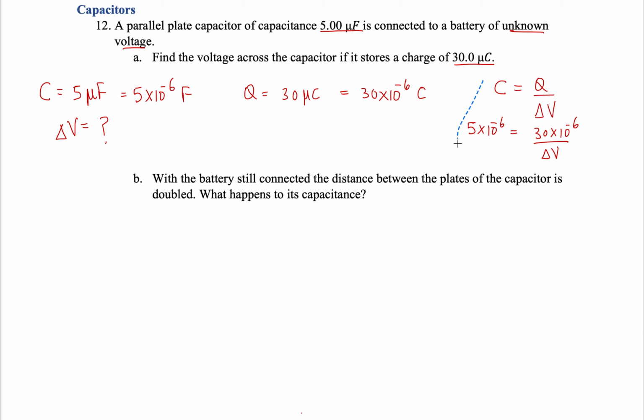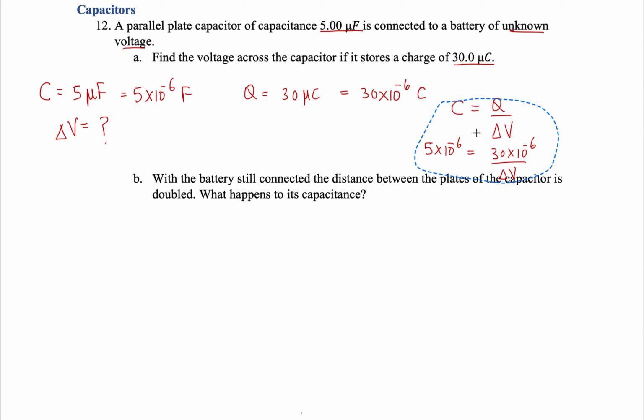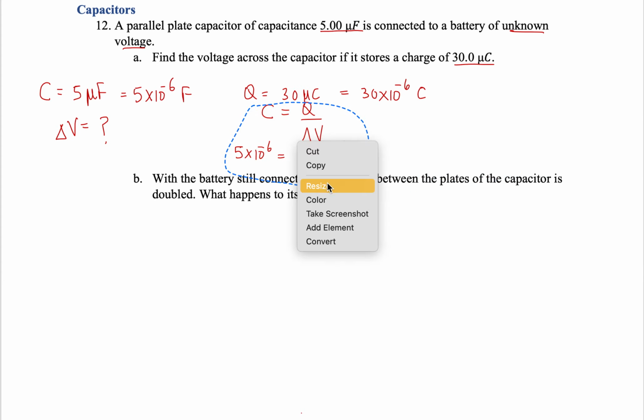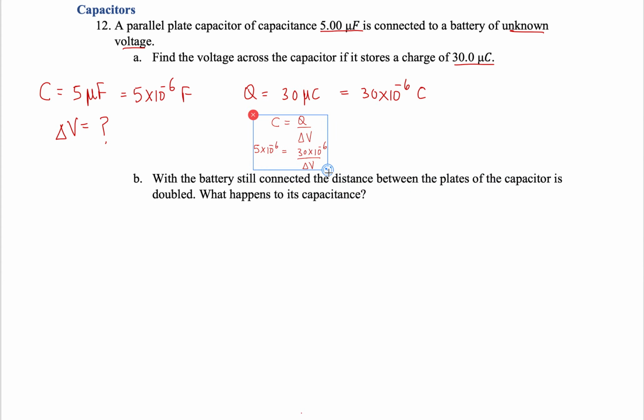Let's move this a little bit to the side to solve it. Okay, so now we need to solve for delta V. You can use a calculator directly, or I'm going to arrange the formula because I want to find delta V. So I'll write 5 times 10 to the power of negative 6, cross multiplying it, multiplied with delta V, equals 30 times 10 to the power of negative 6.